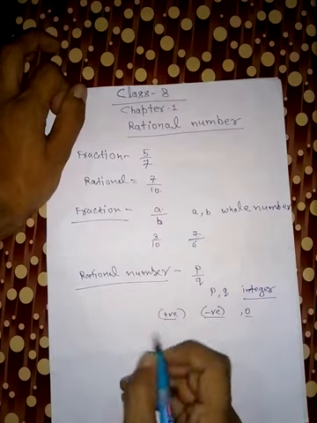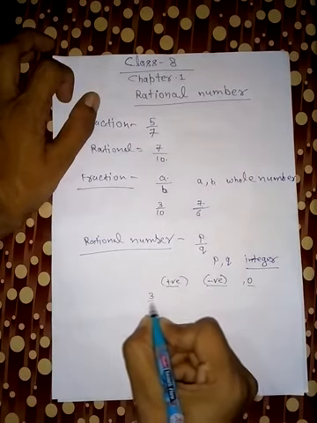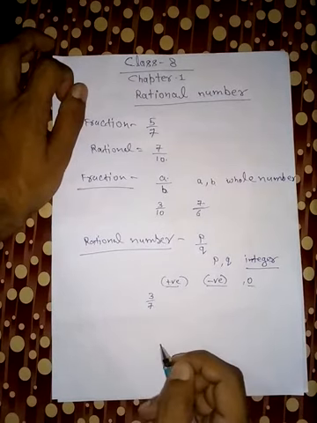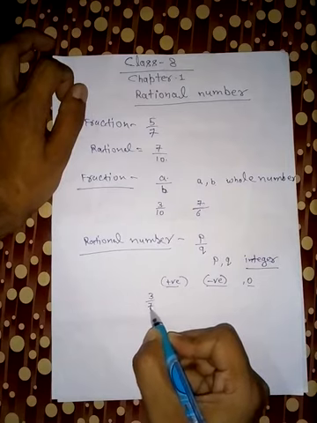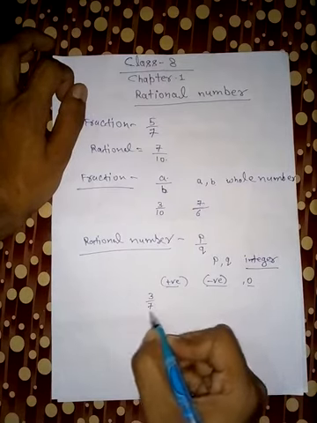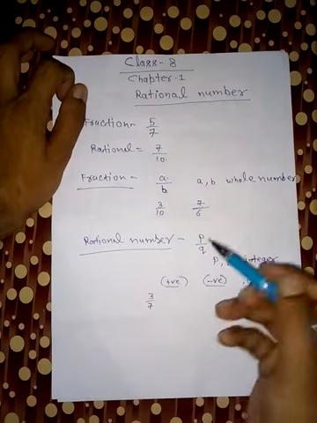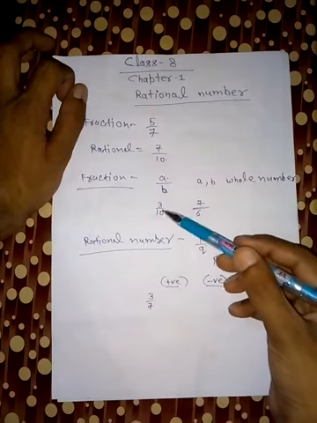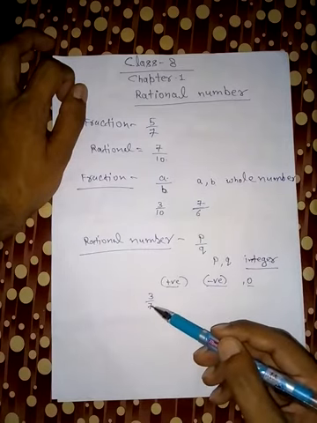So let's take some examples, just like 3 upon 7. Here 3 is a positive integer, 7 is a positive integer, so 3 by 7 is a rational number. You can see here the similarities. 3 by 10 is a fraction, 3 by 7 is a rational number.